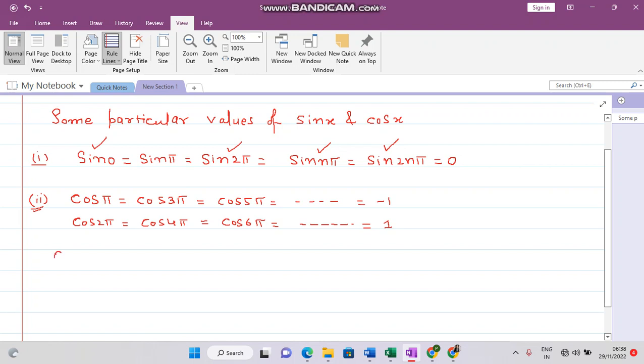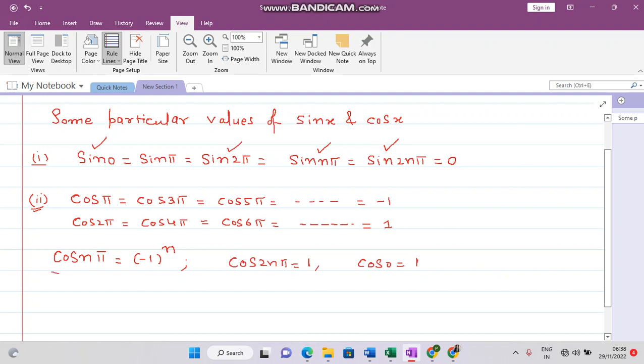So cos n pi is -1 raised to the power n, because when n is odd, it becomes -1, and when n is even, it becomes +1. Cos 2n pi is equal to 1, and cos 0 is equal to 1.